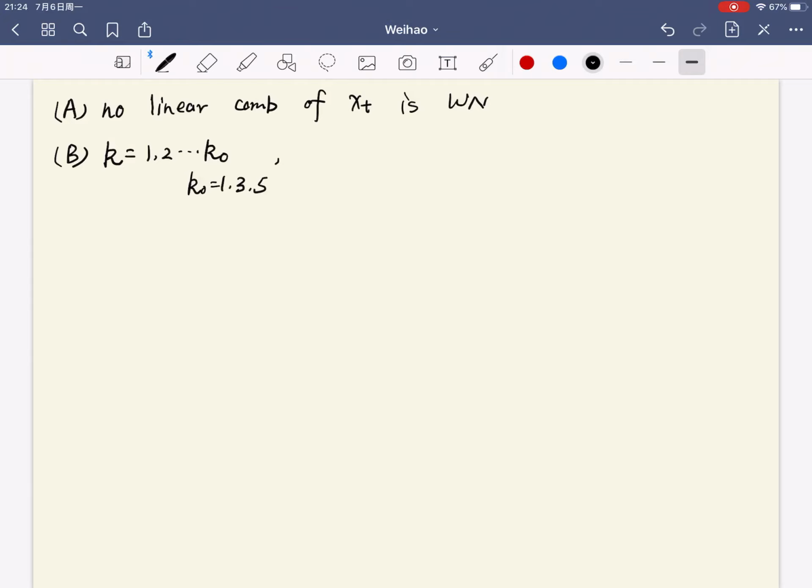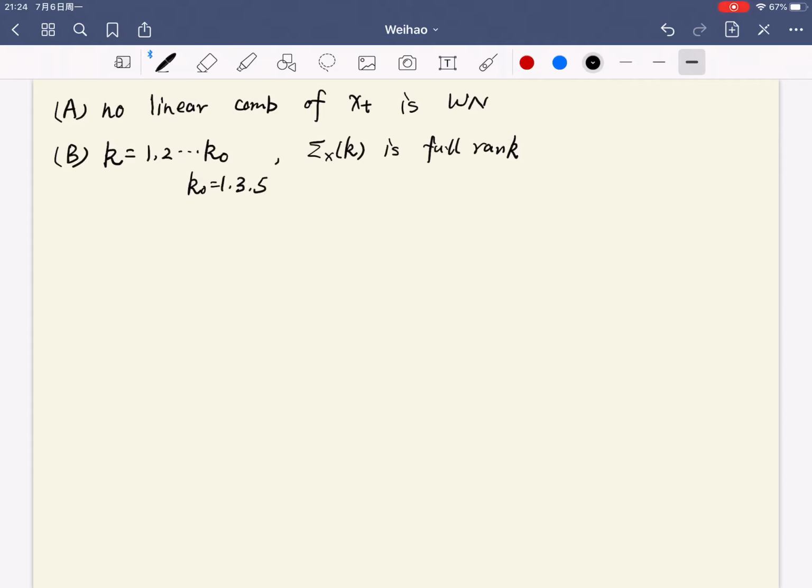the autocovariance at lag k for x is full rank, which is a stronger assumption than assumption A, since assumption A only implies that there exists at least one k bigger than 0 for which the autocovariance at that lag k is full rank.